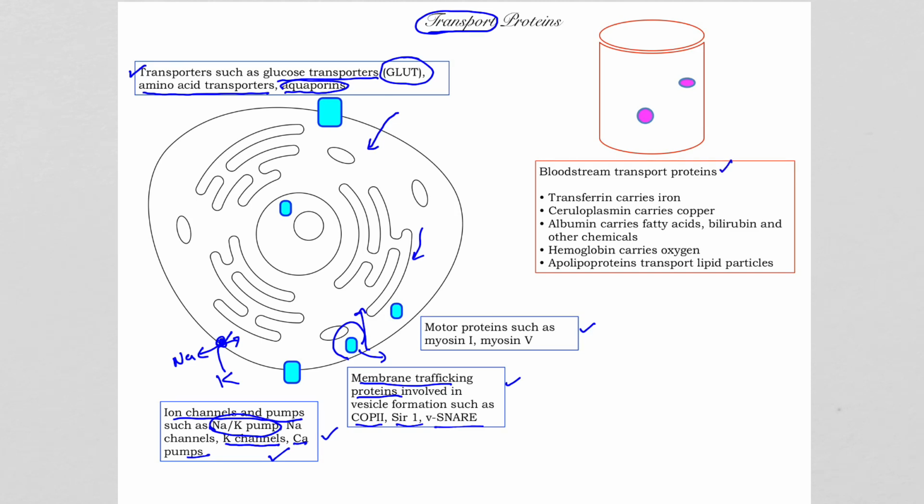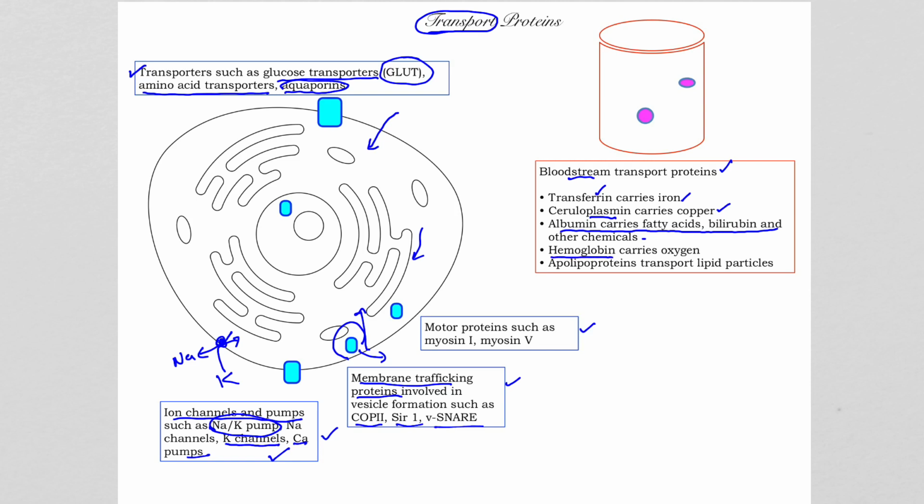So we also have proteins that transport chemicals in the bloodstream. So for example, transferrin is a protein that transports iron. Ceruloplasmin is a protein in the bloodstream that carries copper. Albumin is a blood protein that carries all kinds of organic chemicals, fatty acids, bilirubin, and so on.